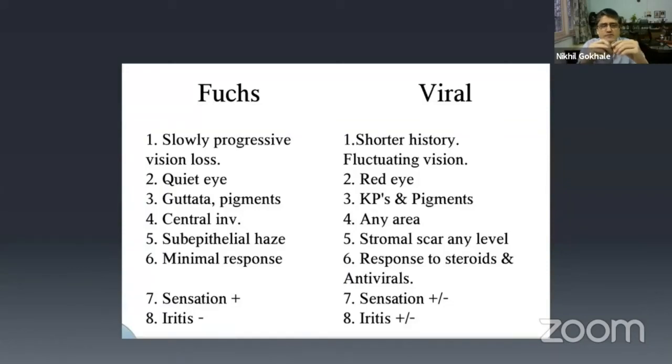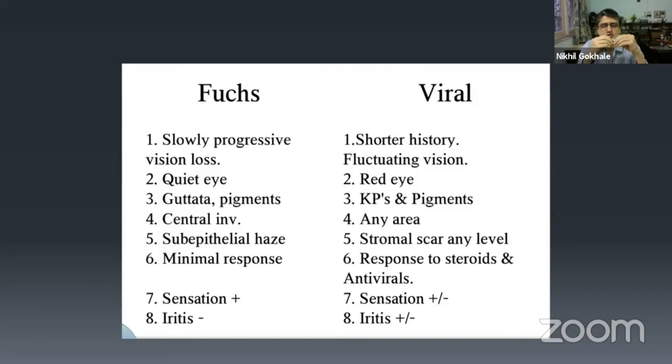And we also have situations where it's very difficult to clinically distinguish whether we are looking at a patient who's got Fuchs dystrophy or a patient who's got viral disease, because they may both present with corneal edema. However, in viral disease, we know there will be a history of red eye, there may be a history of recurrent eye problems, there will be keratic precipitates, and there may be some subtle corneal scars.